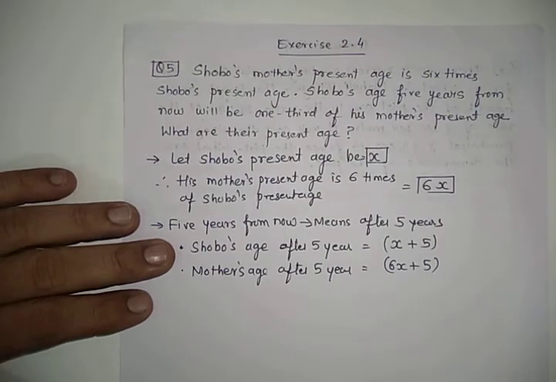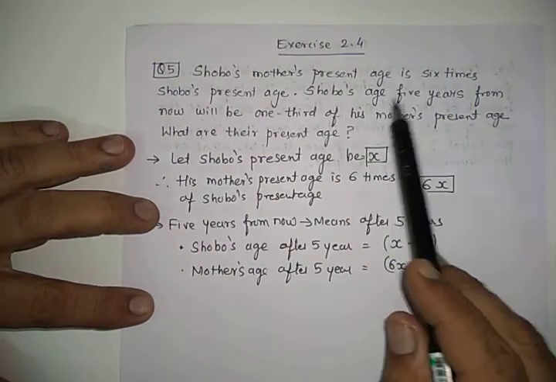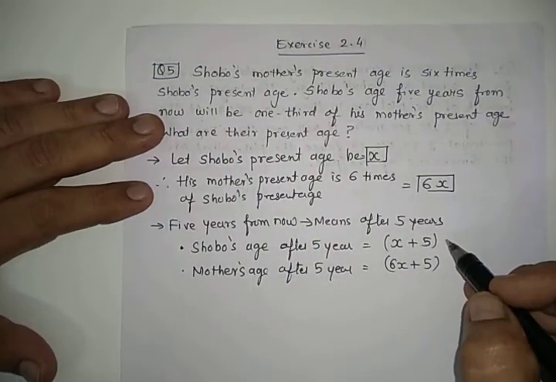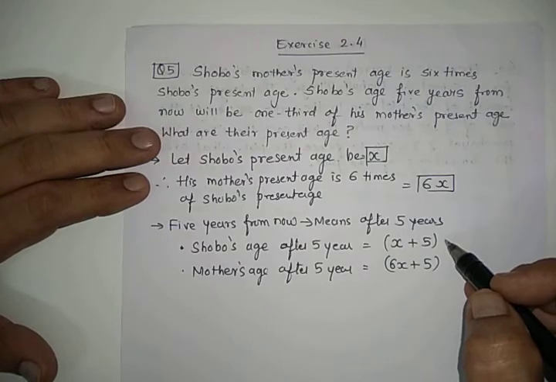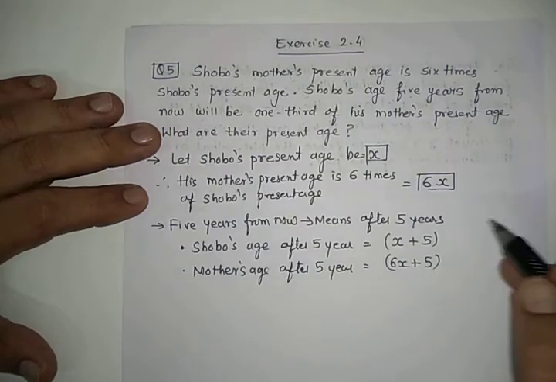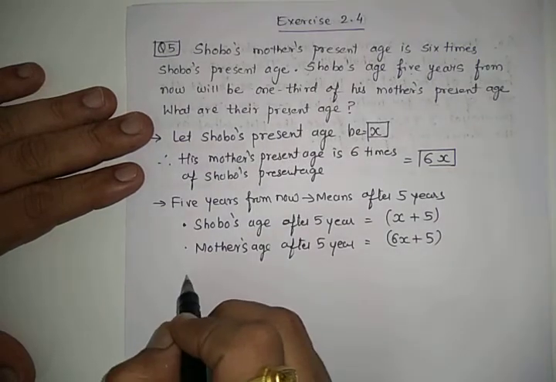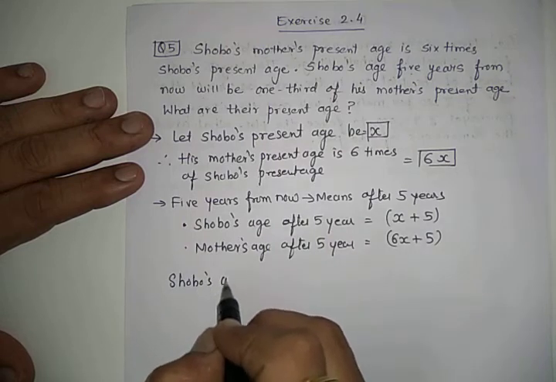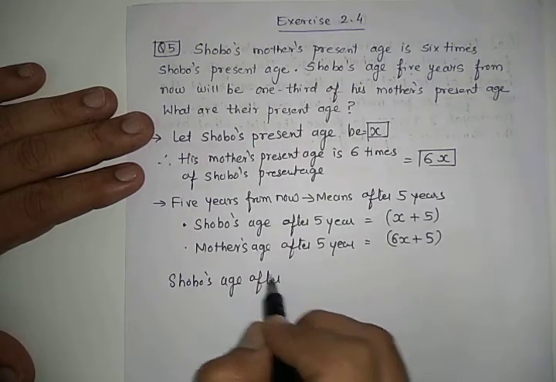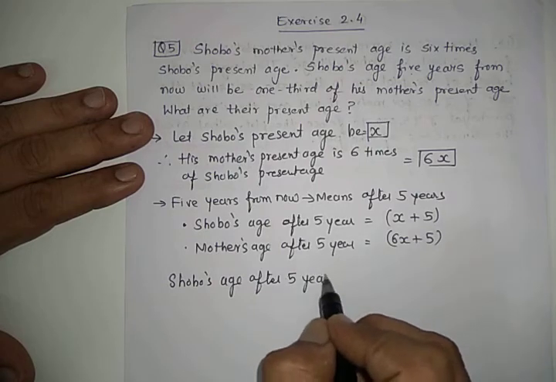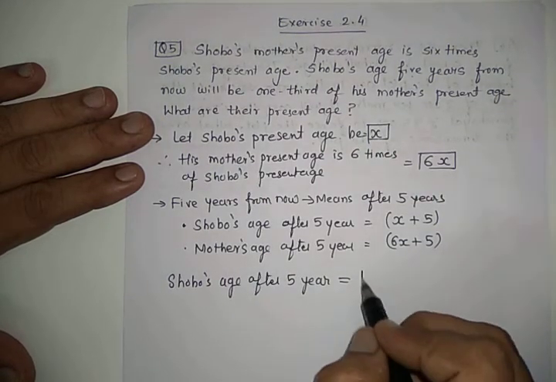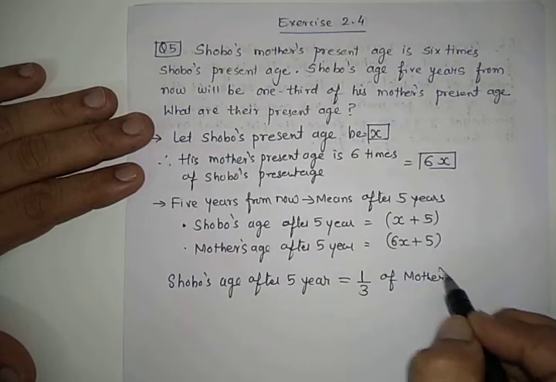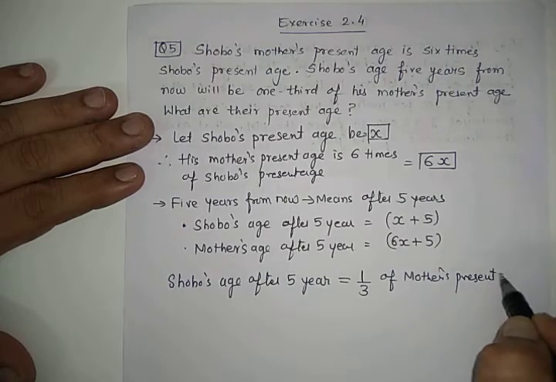Now, as per the condition, Subhu's age 5 years from now is 1/3 of his mother's present age. So we have to find 1/3 of the mother's present age. Subhu's age after 5 years is equal to 1/3 of the mother's present age.